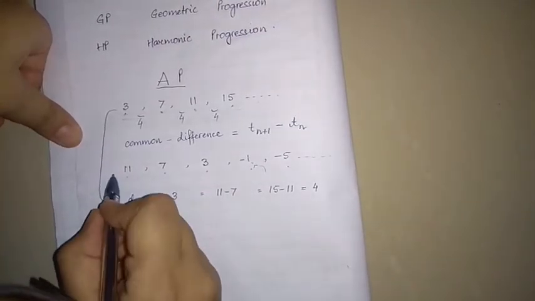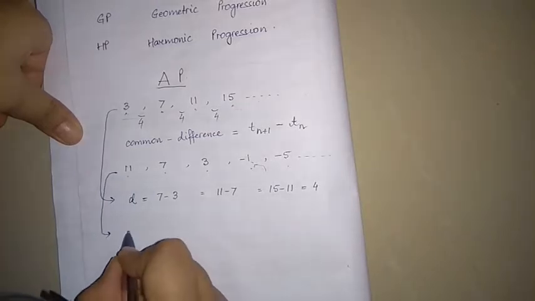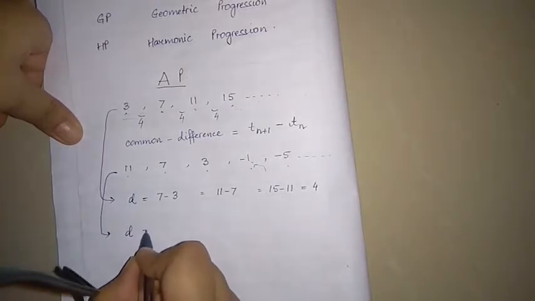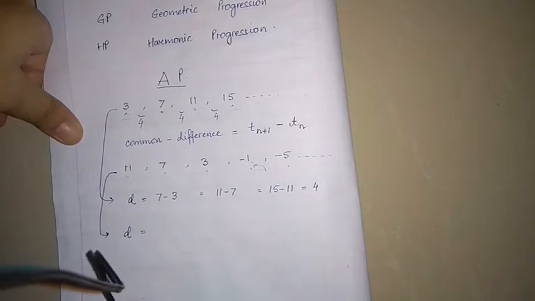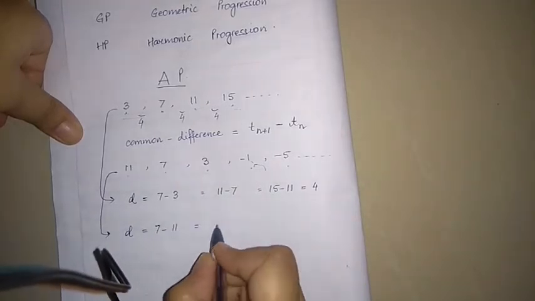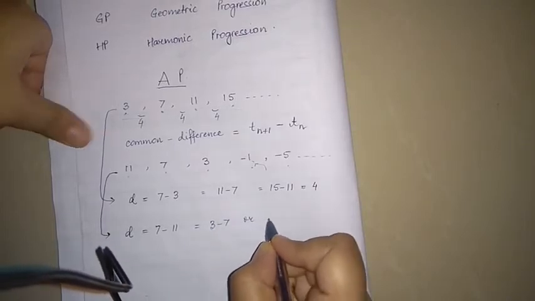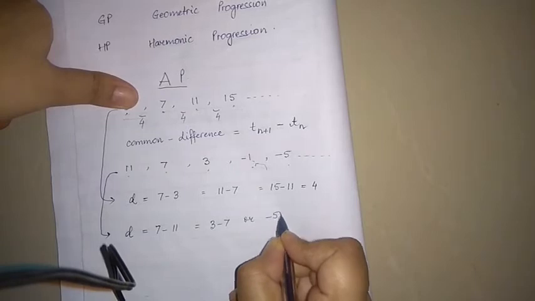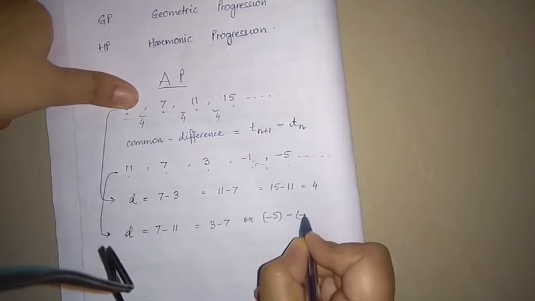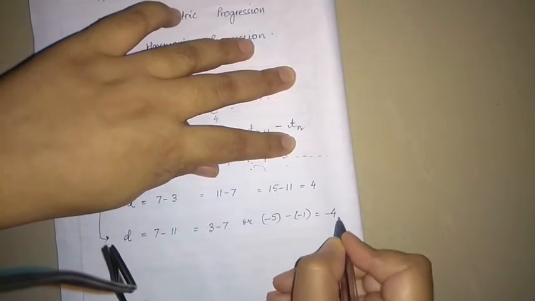In our second example, the common difference, again expressed as d, can be written as 7 minus 11, or 3 minus 7, or -5 minus -1, and all of these come out to be -4.